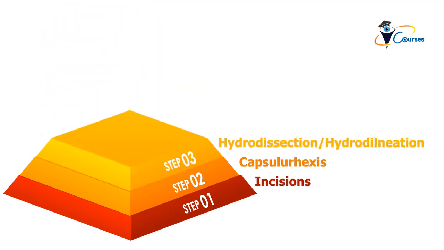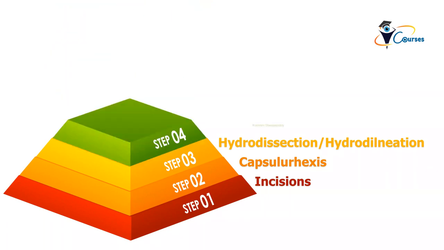If you do the hydrodissection and the hydrodelineation well, it will separate the nucleus. But if you didn't separate the nucleus, you will have a very rough time trying to manipulate the nuclear fragments and trying to get them out of the capsule, because they will be sticky. So this will result in a difficult surgery. If you do the hydrodissection well, then you do the nucleus disassembly.